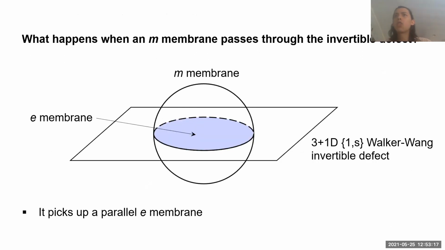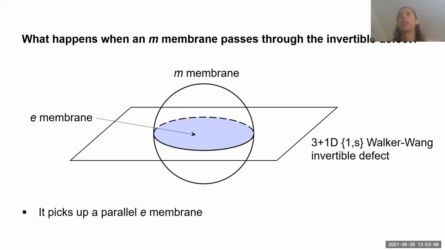Yeah. So okay, so essentially, with this knowledge in mind, we can ask what is the nature of this sort of invertible defect in 4+1d system that's associated with this Walker-Wang model. Well, essentially, the idea is that when an M membrane intersects this kind of invertible defect, this essentially corresponds to adding a loop to the Walker-Wang wave function.